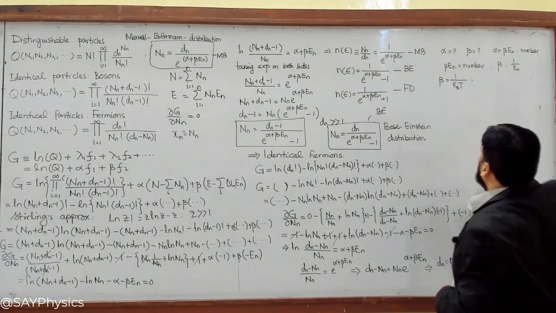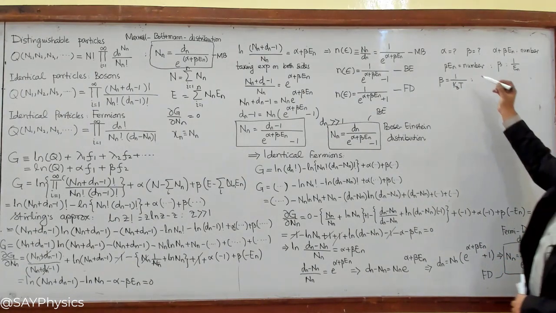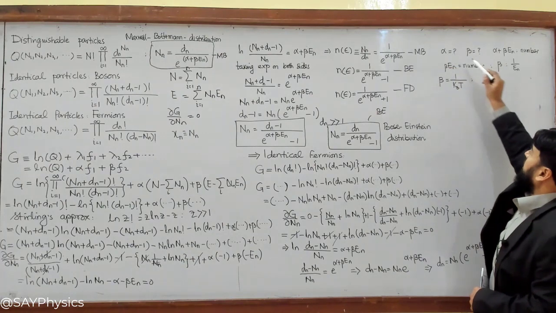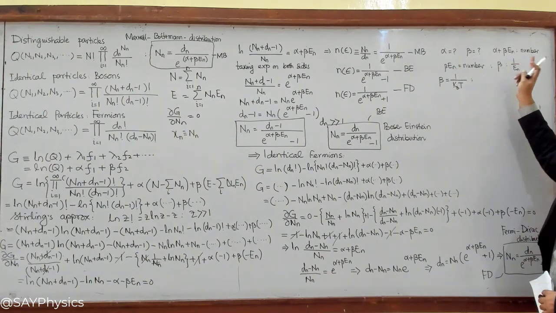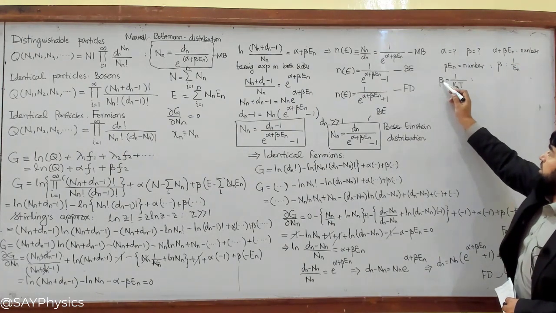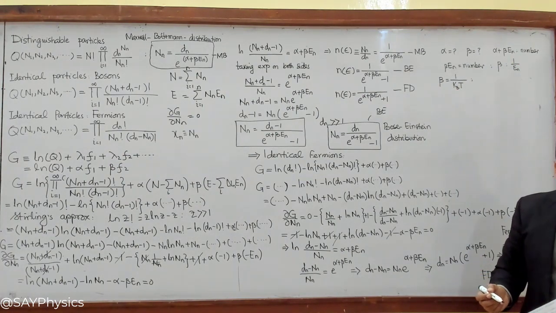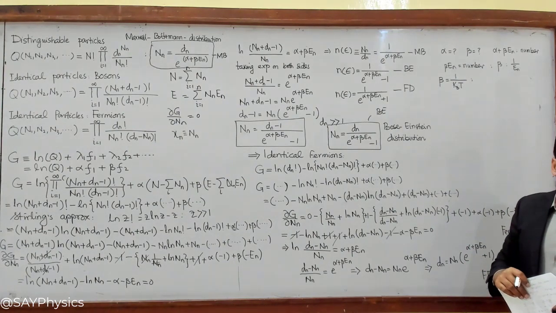And what about alpha? So what about alpha then? Because alpha plus beta en is dimensionless. If the beta dimension comes out to be 1 over energy, then it means alpha should be dimensionless.